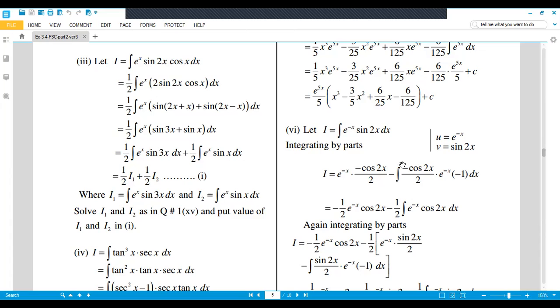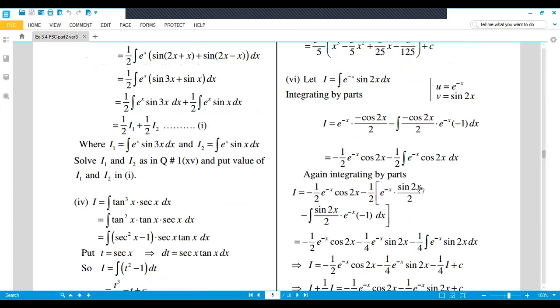minus the whole integral of minus cos 2x divided by 2, and the derivative of e power minus x is e power minus x, and further the derivative of the power minus x is minus 1. So this we copy as it is, minus 1 over 2 e power minus x cos 2x, minus minus becomes plus, and this one minus will come as it is, so e power minus x cos 2x.